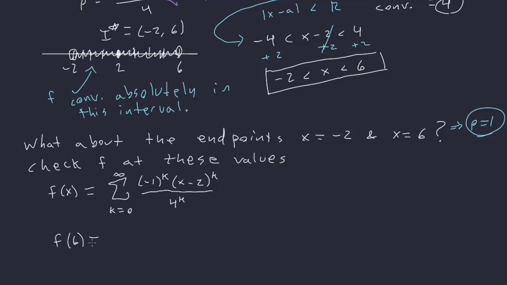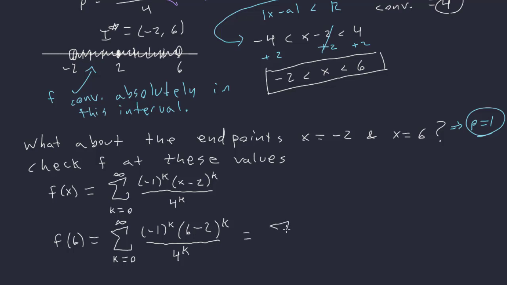When we plug in 6, we're going to get the series k going from 0 to infinity, -1 to the k, and then it will be 6 minus 2, all raised to the k, all over 4 to the k.